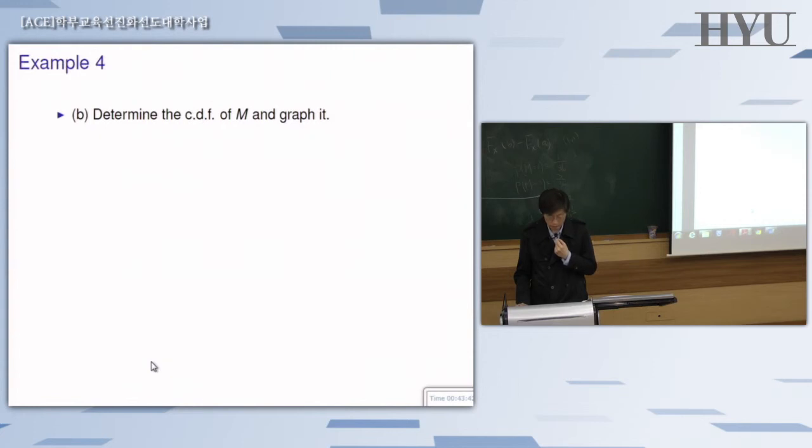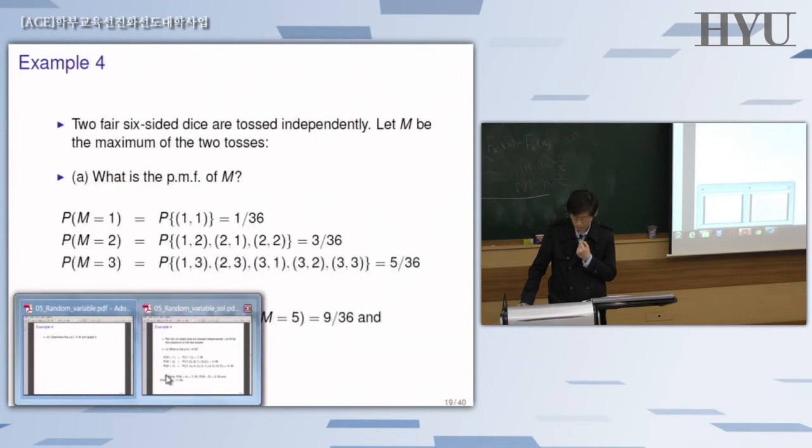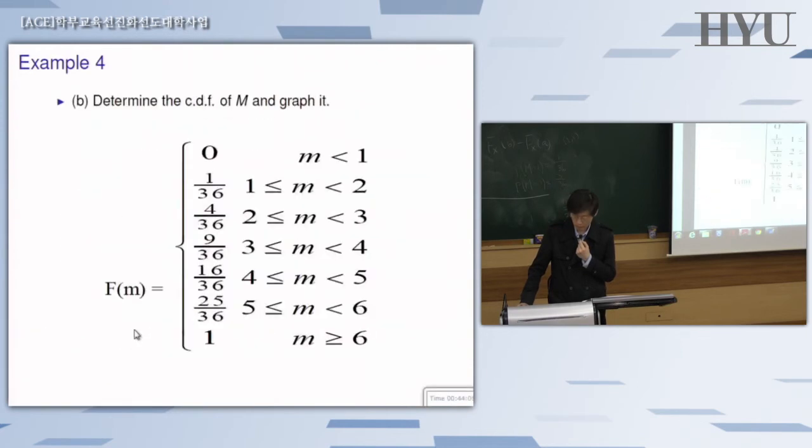Next one. Given this PMF, now you have to construct a CDF and graph it, which is the exact opposite of the previous exercise. Given the CDF, you were supposed to construct a PMF; now you're given the PMF from the previous part and go on to construct the CDF. Same information can be used, and if you do everything correctly, you should get this one.